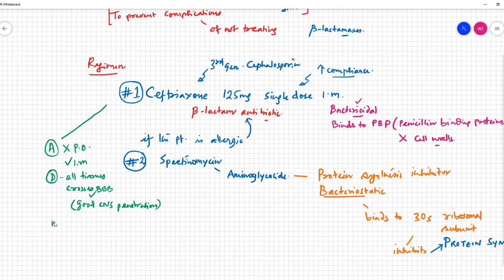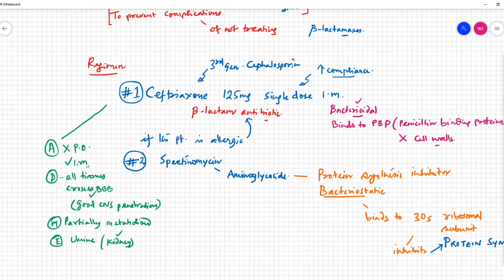Okay, metabolism, it is partially metabolized. Excretion, it is excreted through the urine. Okay, urinary excretion through the kidney.